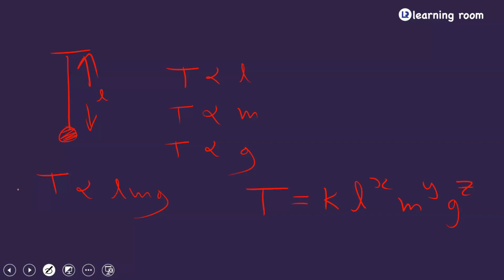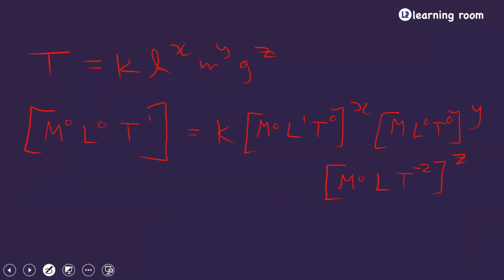So if you've written this, we can go forward. Okay. So now what I want you to do is put all the M, all the L, and all the T together. Does that make sense?